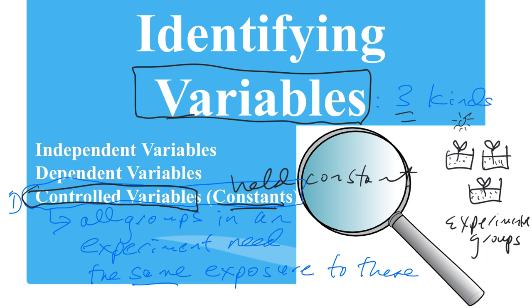Okay, every experimental group in an experiment has to have the same controlled variables, or else you won't be able to show what factor is causing a change. For example, in this experiment, what if we had one was Sprite, two was water with Coca-Cola, and three was water with Dr. Pepper?